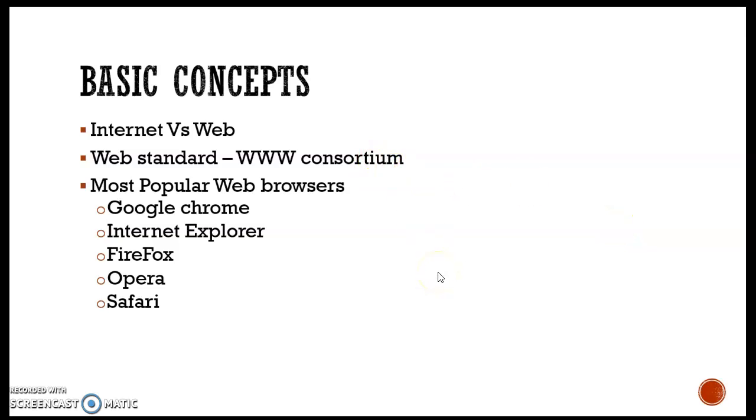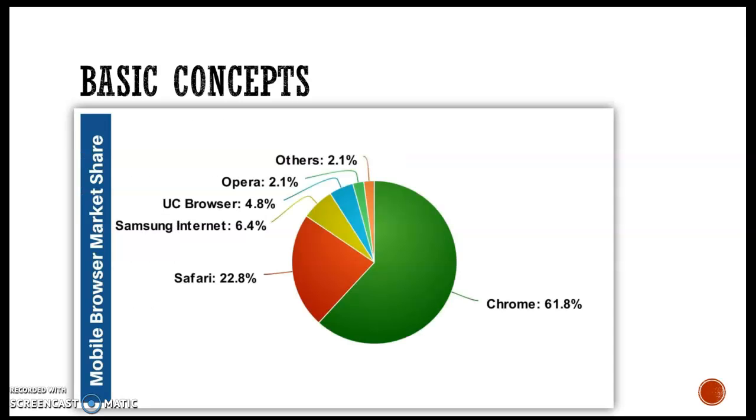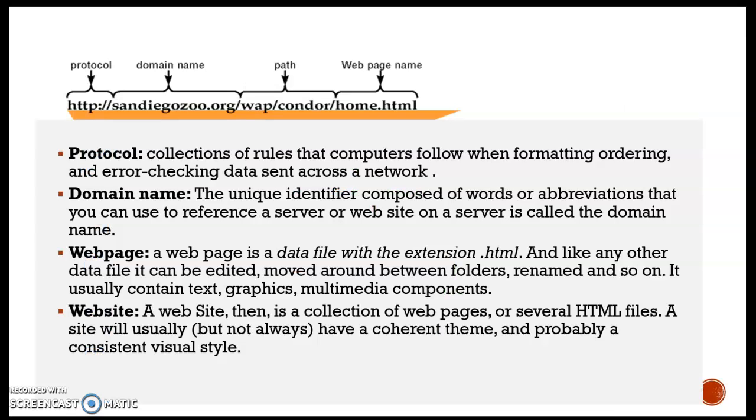Now it's already HTML5. Among the most popular web browsers today, Google Chrome has in the last 5-10 years become the number one browser, with more than 60% of the market share. For mobile browsers, Google Chrome also dominates the market.